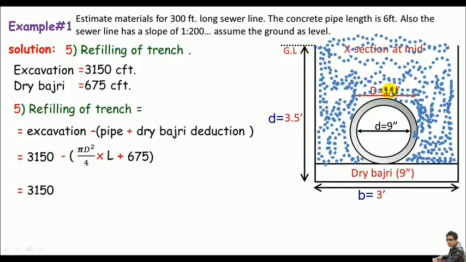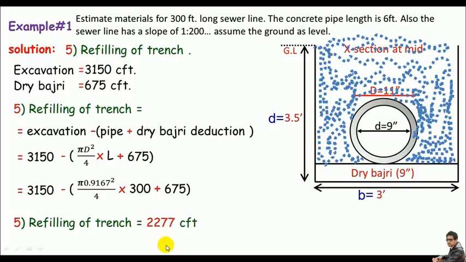To convert 11 inches into feet, divide 11 by 12, which gives 0.9167 as the external diameter of this pipe. So pi times d square divided by 4 times the length, 300 feet, plus 675, the dry brickwork. Doing the math with this long expression, you get the refilling as 2277 CFT.